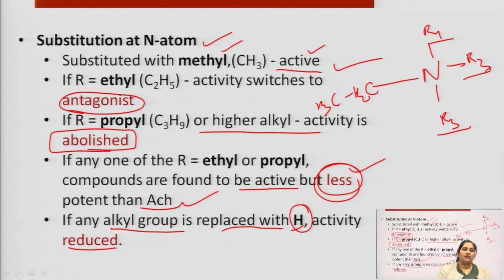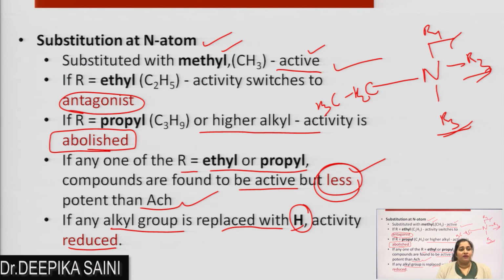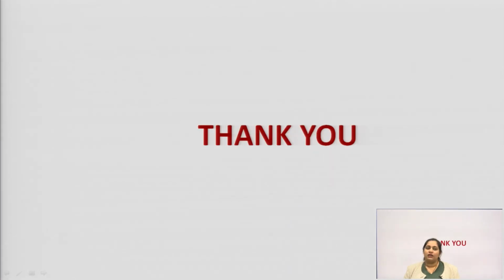Further, if we increase the carbon chain and replace this methyl group with propyl or higher alkyl, the activity is completely abolished. If any of the R is ethyl or propyl, the compounds are found to be active, but not as potent as acetylcholine. Or if any alkyl group is replaced with a single hydrogen atom, again the activity is reduced.